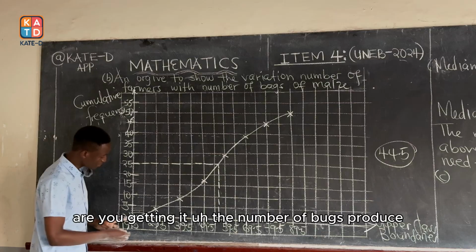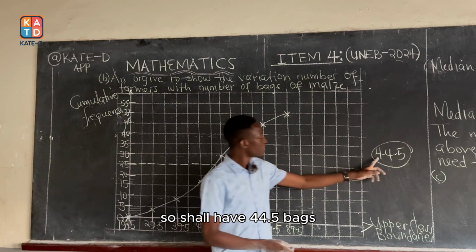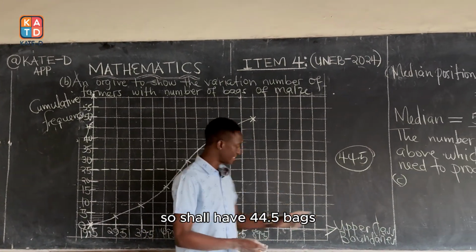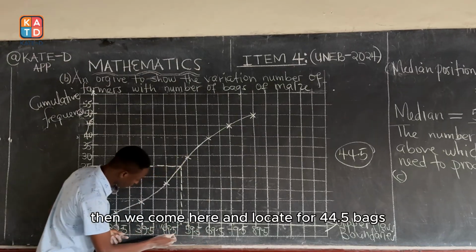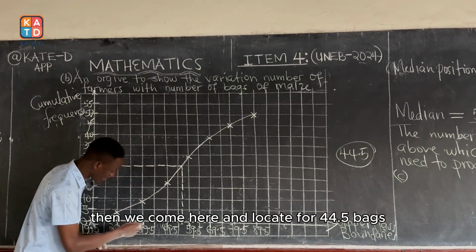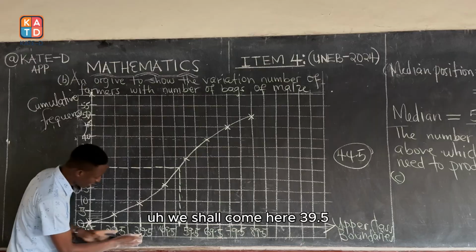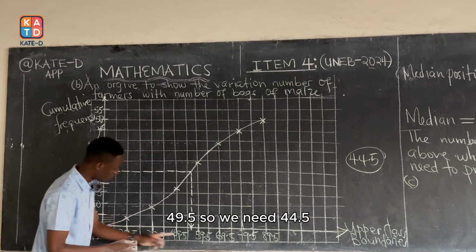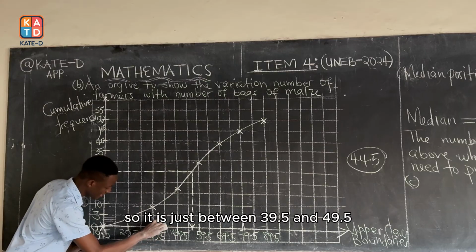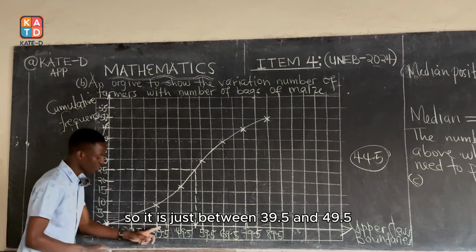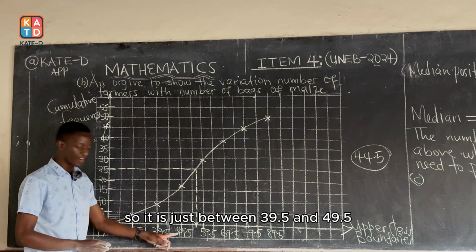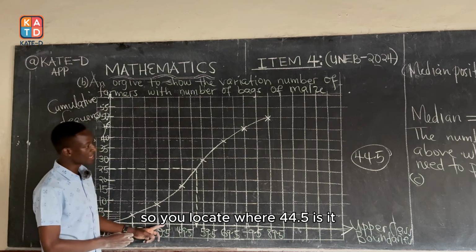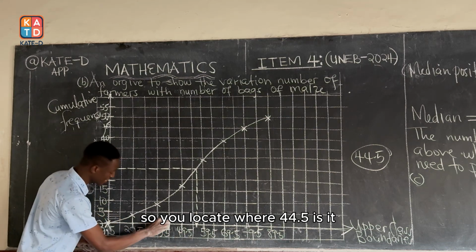The number of bags produced, so we shall have 44.5 bags. Then we come here and locate 44.5 bags. We shall come here 39.5, 49.5. So we need 44.5. So it is just between 39.5 and 49.5. So you locate where 44.5 is.